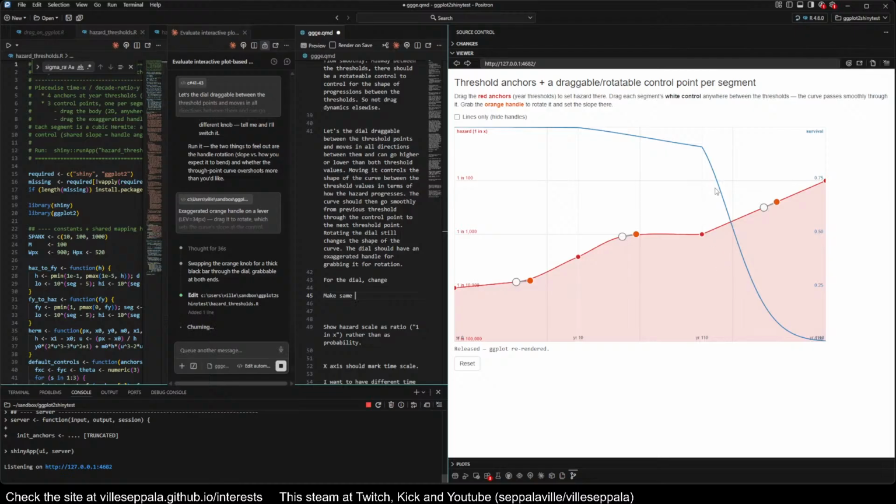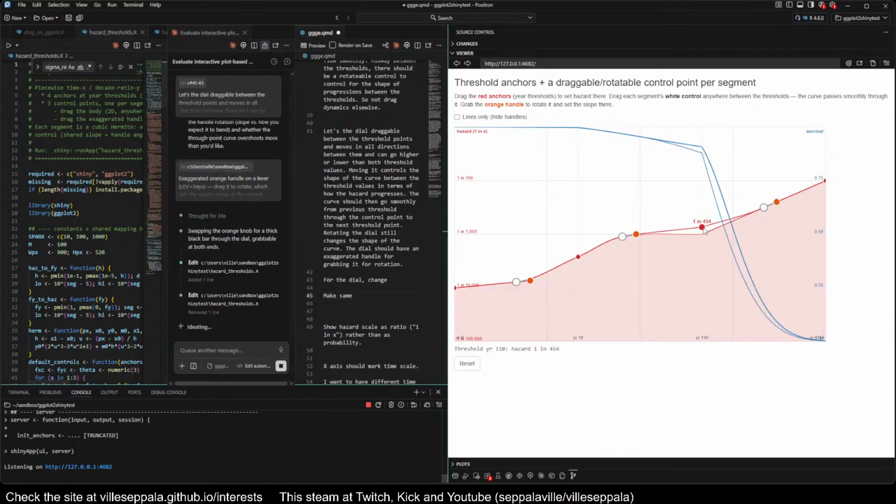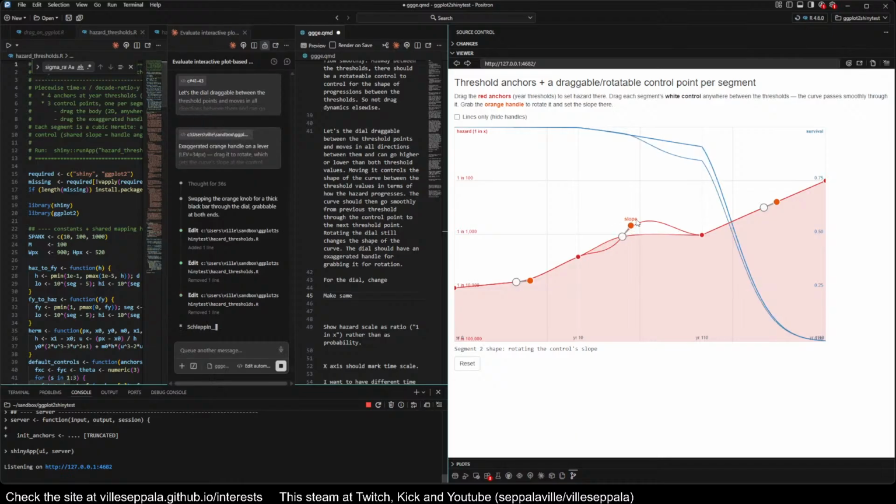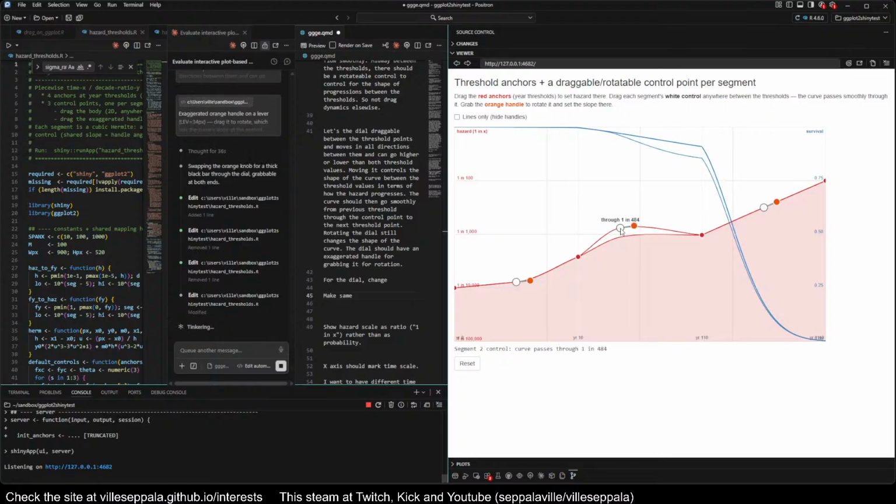Or I'm not sure, like if I move this down, it might move this one up as a response, but I think the other response would be to change this slope here, or like where this point here is.